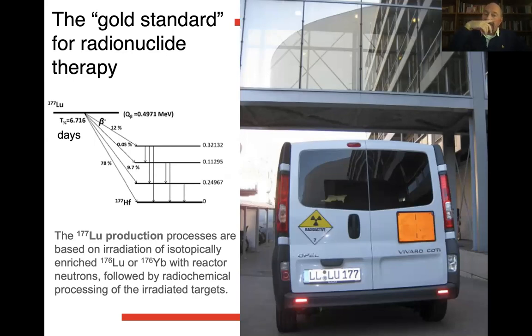This is the decay scheme. You see, it's a beta decay that decays on different energy states of the daughter. And the lutetium production process is based on irradiation of isotopically enriched lutetium-176 or ytterbium-176 with reactor neutrons, followed by radiochemical processing of the irradiated target.